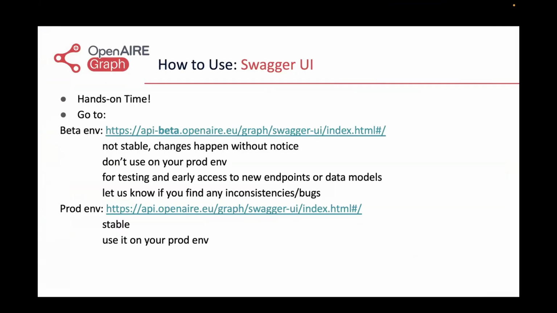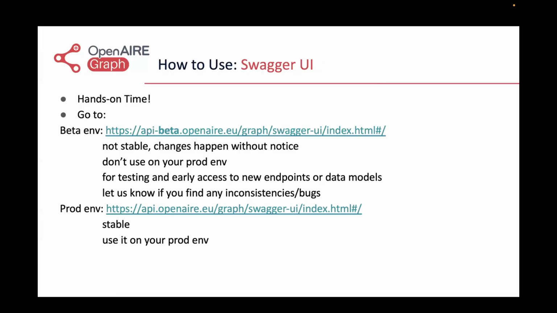Changes happen without notice to the public. But you can use it because it will have the latest updates. It's good for us if you use it, because if you see something and you let us know, that will be very helpful for us.